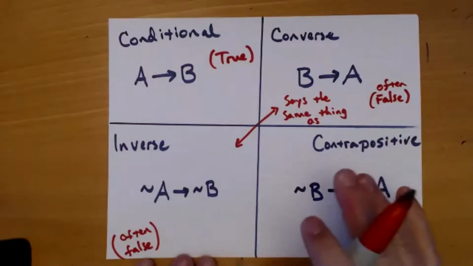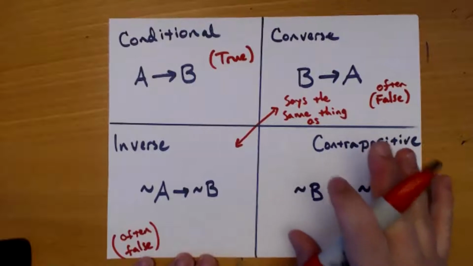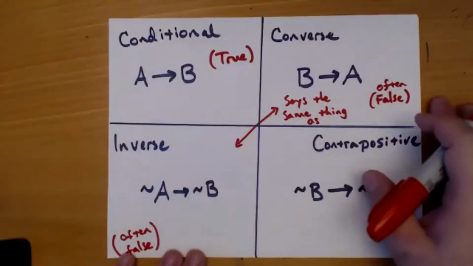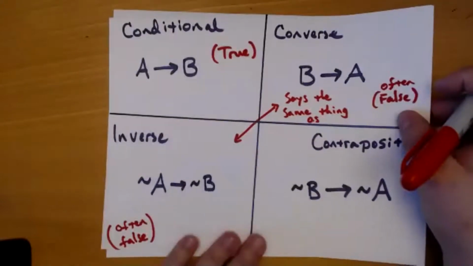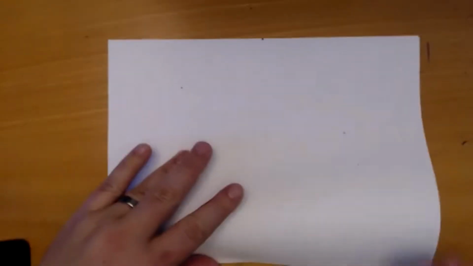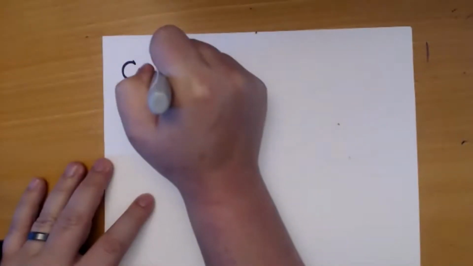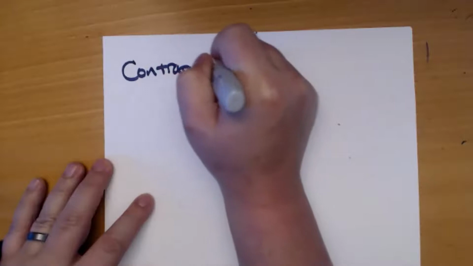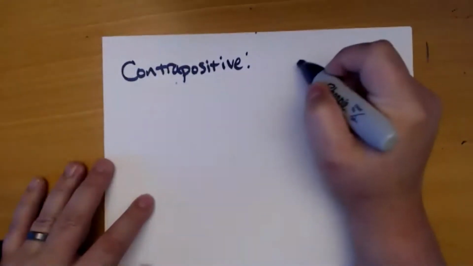Okay, now before we go any further, let's go into the contrapositive, and then we'll come back to this page one more time. So hold on to this. We've got a little bit more we're going to write about it. So the contrapositive is when we do both.